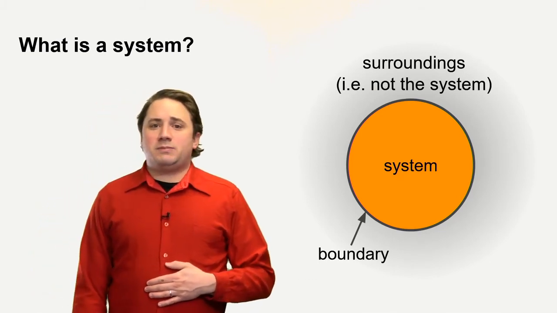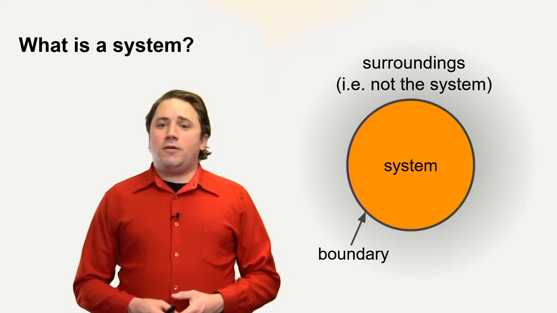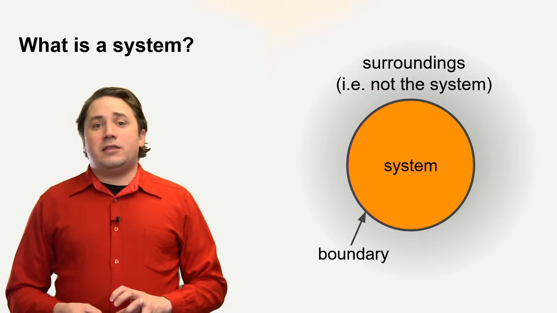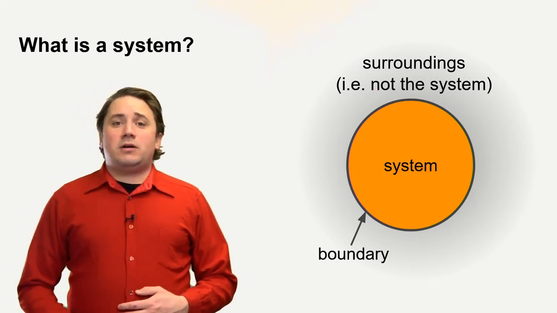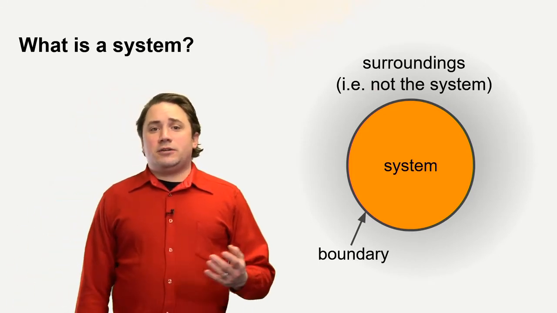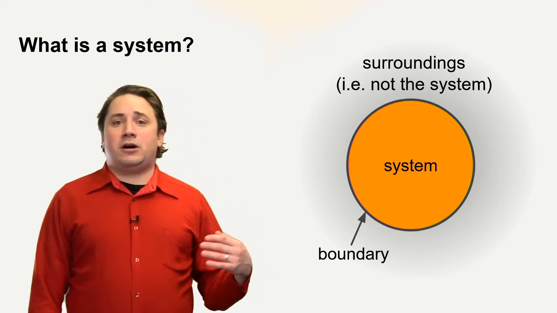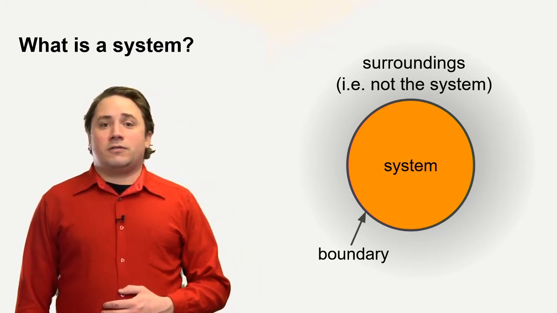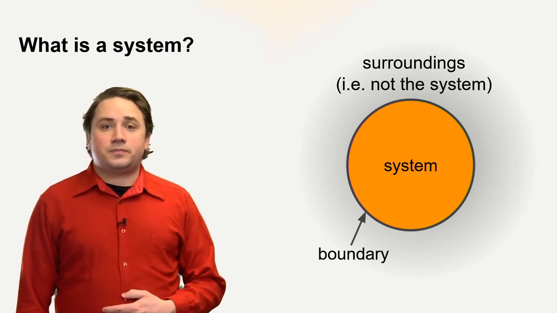And hopefully by drawing this boundary, it allows us to narrow our focus to interrogate the internal changes within a system that change its properties, as well as the movement of materials and energy across the boundary that allows us to describe how the surroundings are affecting the internal state of the system.